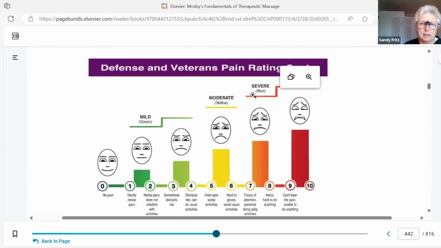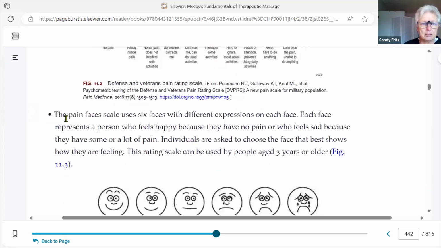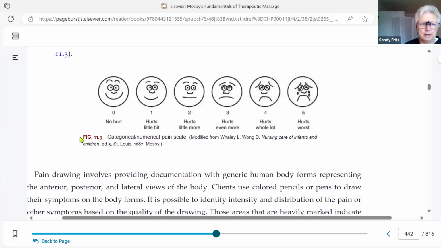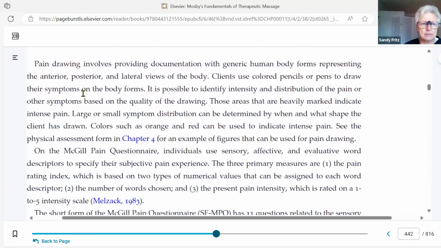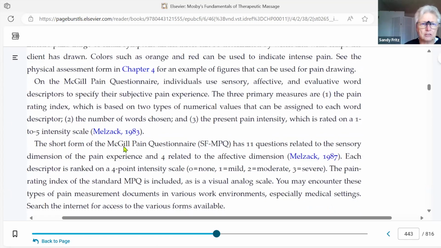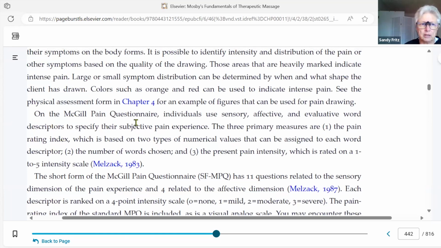This is the one that is very helpful, and it was developed by the Veterans Administration. And this is common. You've probably already seen this one, the faces. And then there are actually questionnaires, and the McGill Pain Questionnaire is typically available. You can get access to it for free through an internet search.